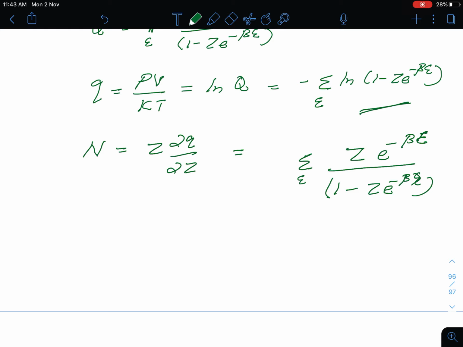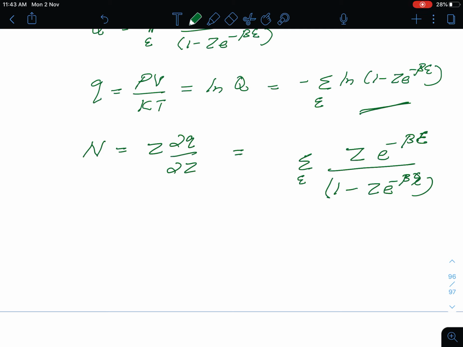Now, for a large volume V, suppose the volume is so large, usually it is not comparable to the size of the particle. The size of the particle will be very small, of the order of 10 raised to minus 6 or 10 raised to minus 5, and the size of the container would be very large compared to the size of the particles.